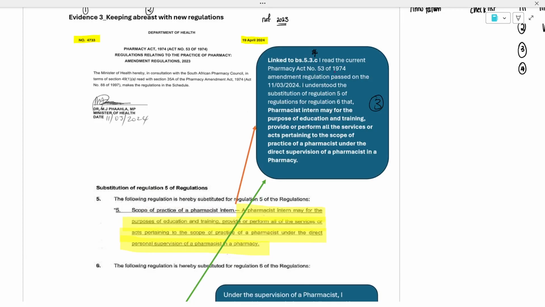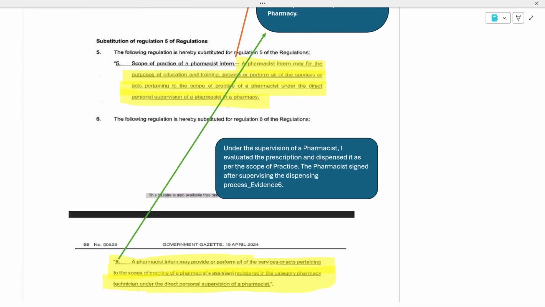Let's see your annotations. Understood. Substitution made for the purpose of education under supervision of a pharmacist. Okay. You dispense the medication. Remember what you're learning about. So actually it's dispensing. Here, under supervision of a pharmacist, evaluated and dispensed, the pharmacist signed. So here, link with behavioral statement.